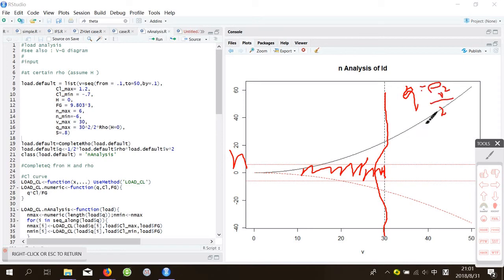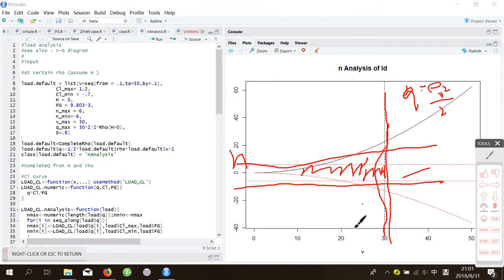When the kinetic energy density is too large, or the load is too large, some problems may occur. These two lines represent the maximum and minimum lift that's generated at a certain speed.